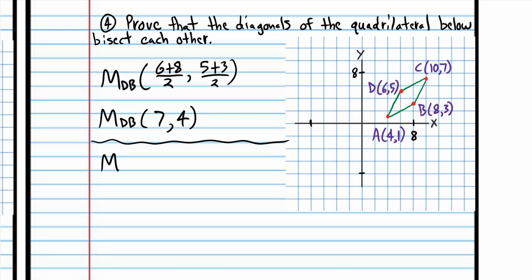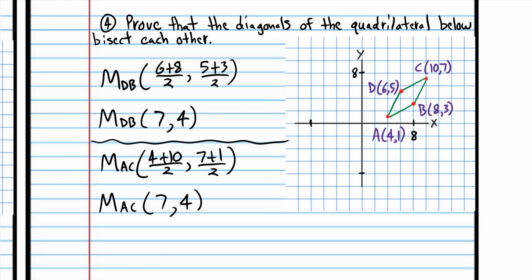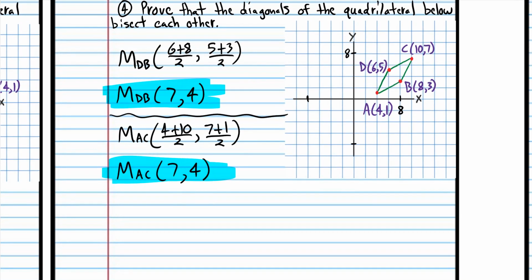Now we're going to find the midpoint between A and C. And we have 4 plus 10 over 2 and 7 plus 1 over 2. And if we simplify those, we get 7 and 4, which is the same point, which proves that the diagonals bisect each other.